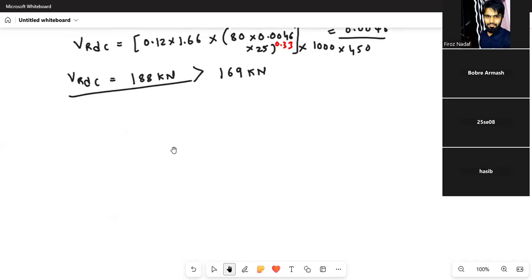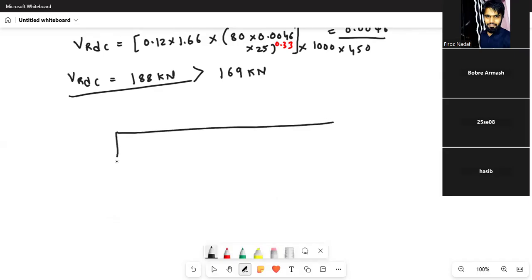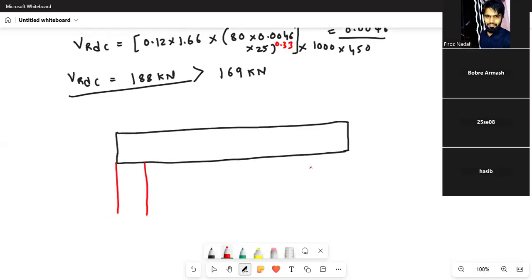Now we will see the detailing of the deck slab. That is the last part that we will see. It is just like a slab, the deck is like this, and it is having the bearing. The dimension of the bearing is, I think, 450.